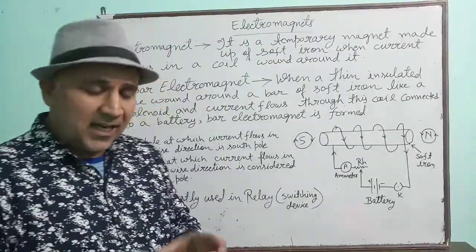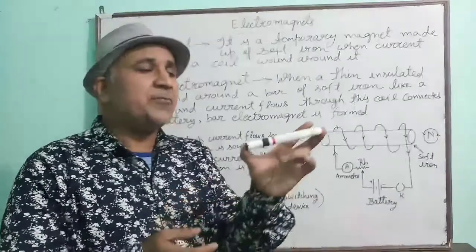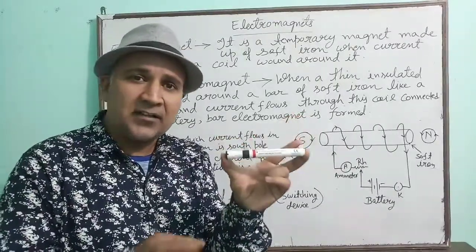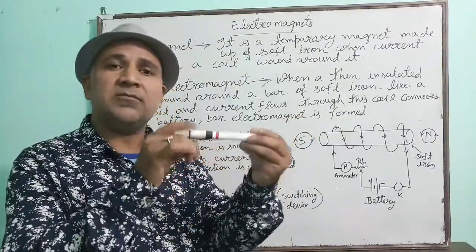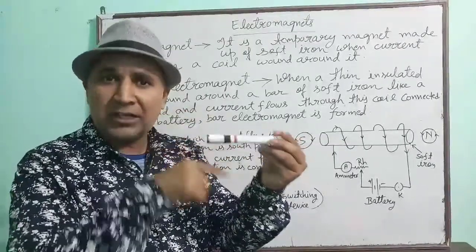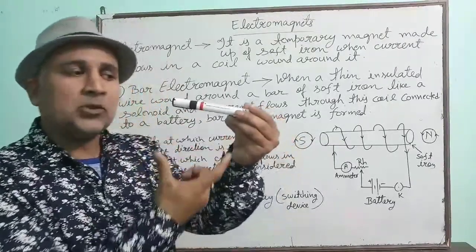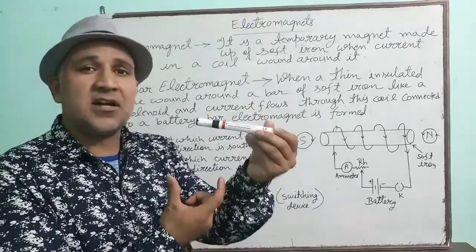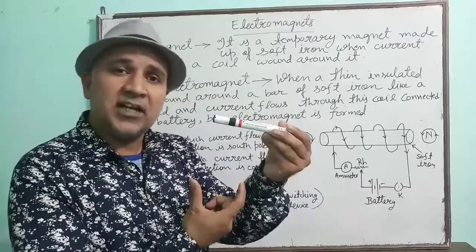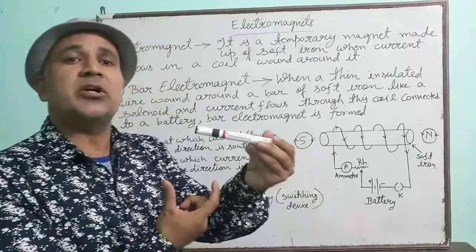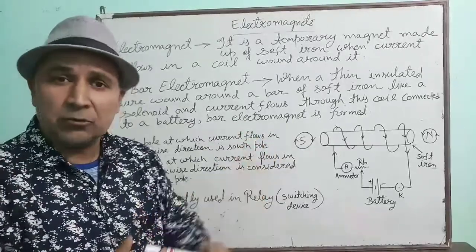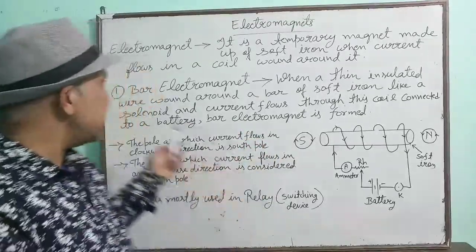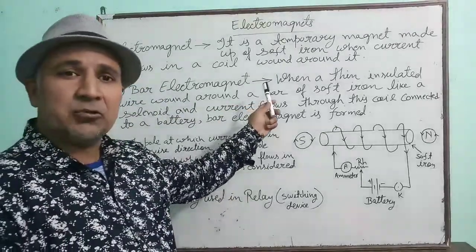As I explained, if we take a soft iron and wind the copper coil on it, and then both the ends are attached to the cell battery, then this soft iron bar will behave like a magnet, and so it will be called a bar electromagnet. So this is the definition of a bar electromagnet.